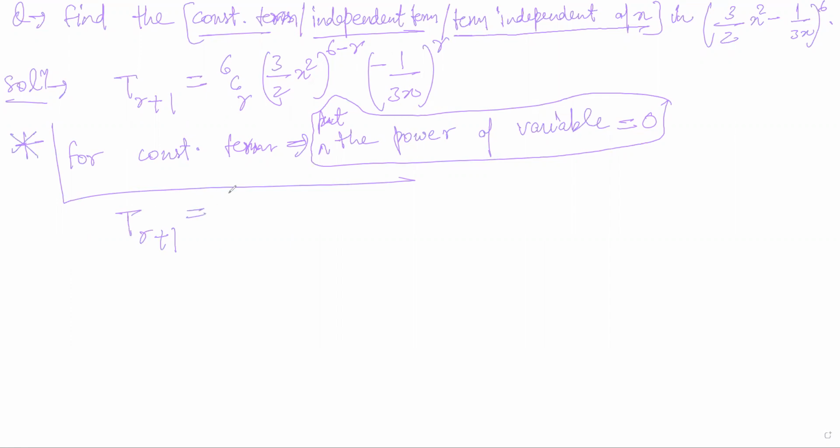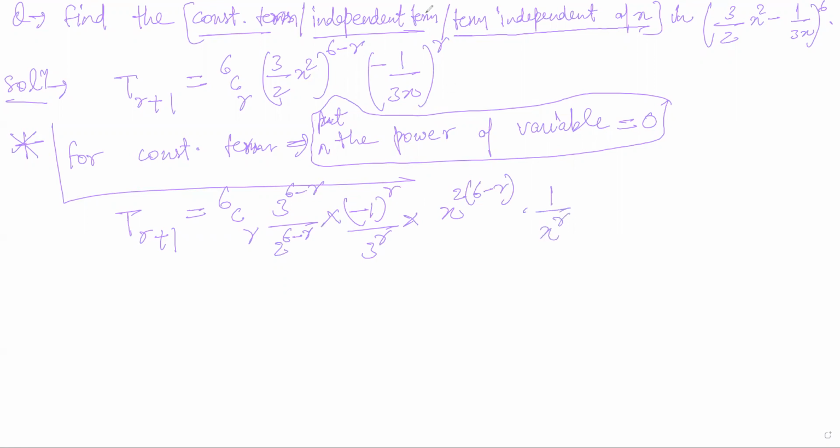So T(r+1) would be 6Cr, 3 to the power 6 minus r, divided by 2 to the power 6 minus r, into minus 1 to the power r common. Similarly, you can take 3 to the power r outside, and x to the power will become 2 into 6 minus r into 1 by x to the power r.